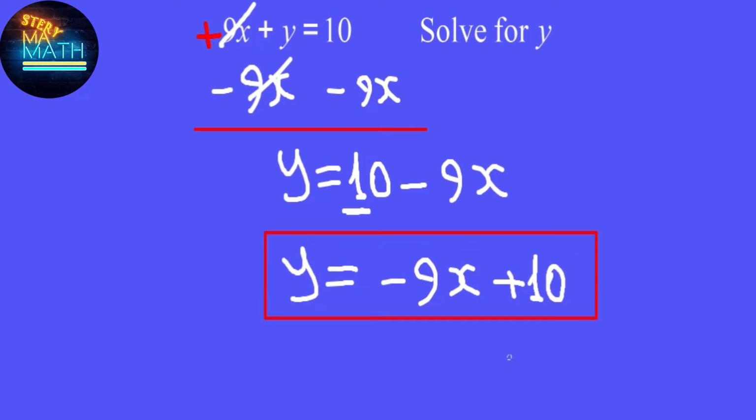And as you see here, y is isolated now and everything else is on the other side. And you can't get an actual numerical answer because you don't have a value for x. So this is the answer. y is equal to negative 9x plus 10.